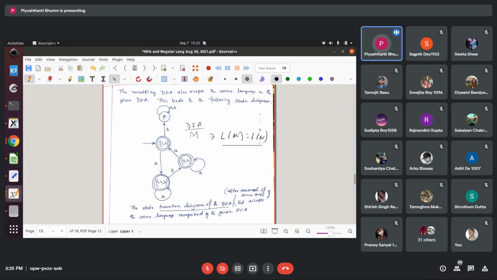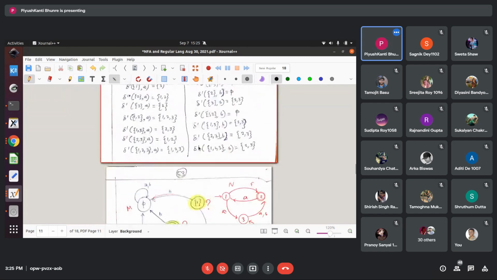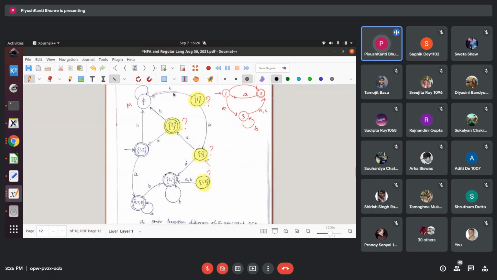Is it clear how you construct the DFA? The explanation is long, but when you compute it, only one part you have to do very carefully: for all states, you have to compute the state transition. Otherwise, you cannot draw the directed arc here.